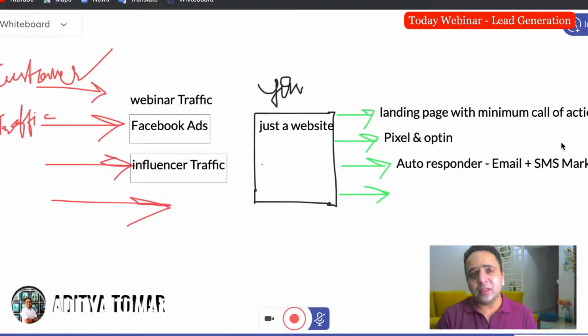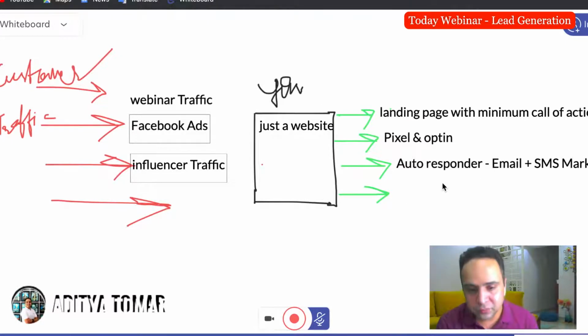Opera is another email marketing tool that has both things. This is required because whoever has joined this list, you should be able to reach them through this channel as well.